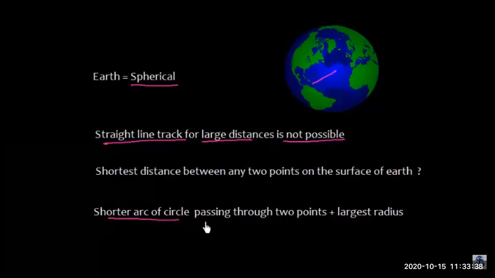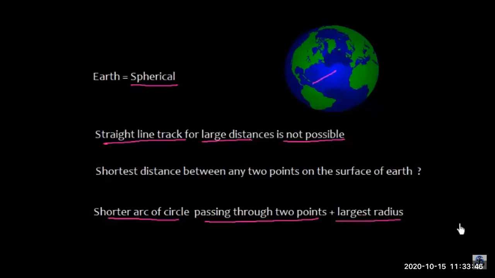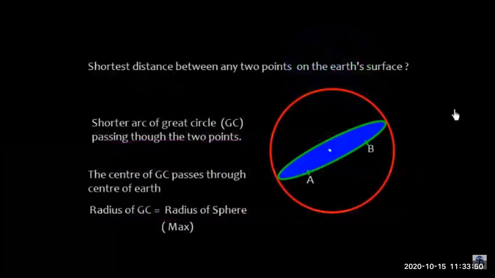It is the shorter arc of the circle passing through the two points and having the largest radius. As we saw, the largest radius will be a great circle, which is passing through the center of the circle.